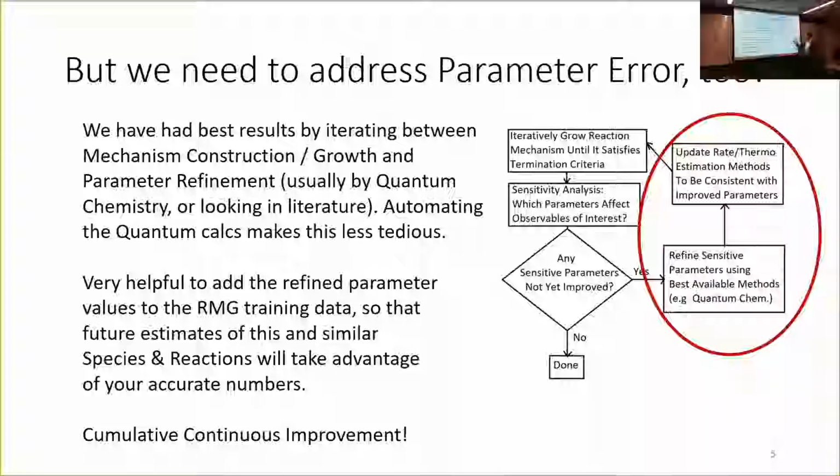So you go do, say, a quantum calculation to get the very best number you can for the number you didn't trust that's important. And then you should update the estimation procedure so that the next time somebody encounters that exact same reaction, they won't get the same stupid number you had before, but they'll have your super duper fantastic number that you just got from all this hard work doing quantum calculations.